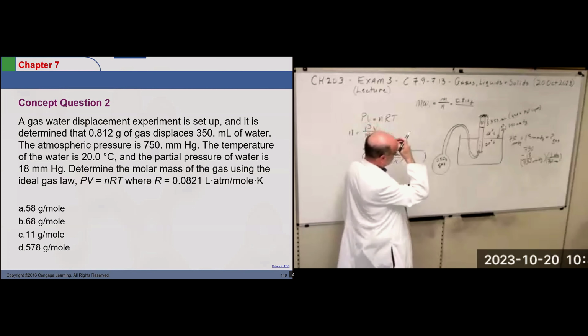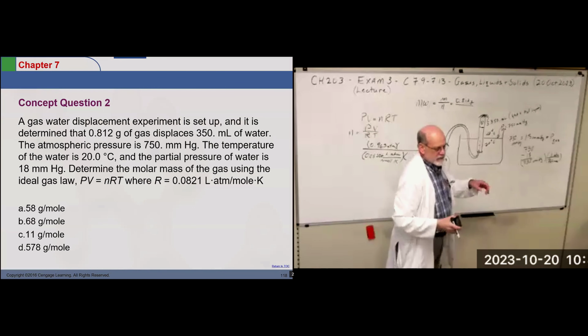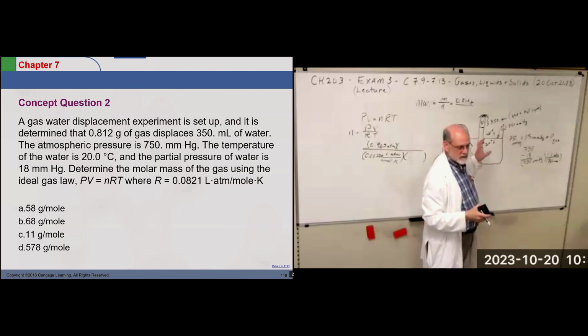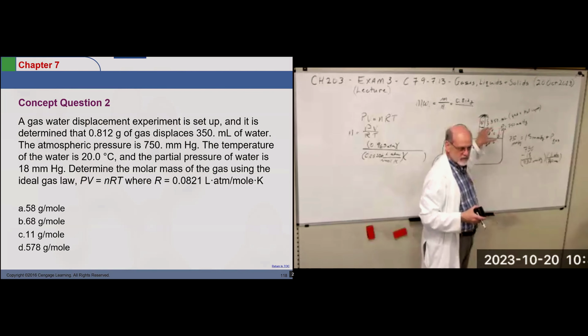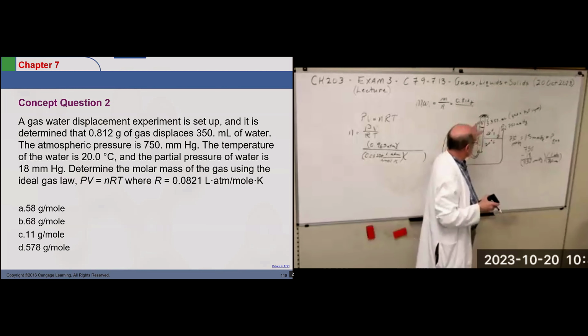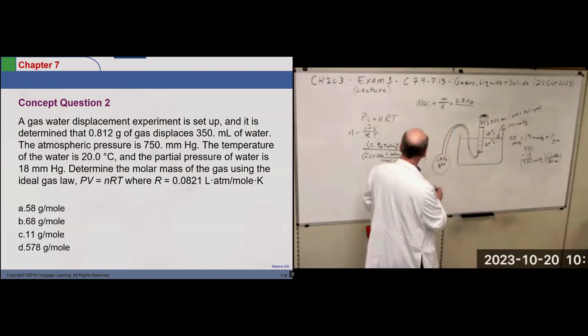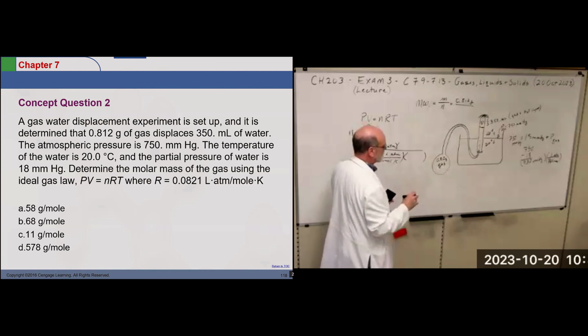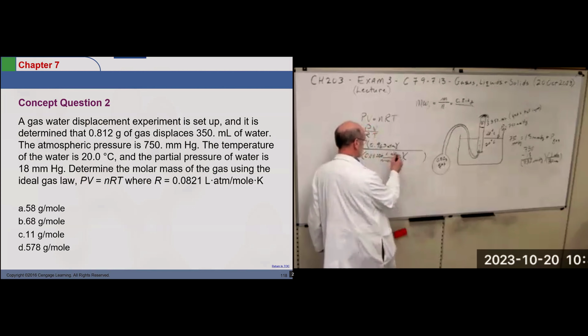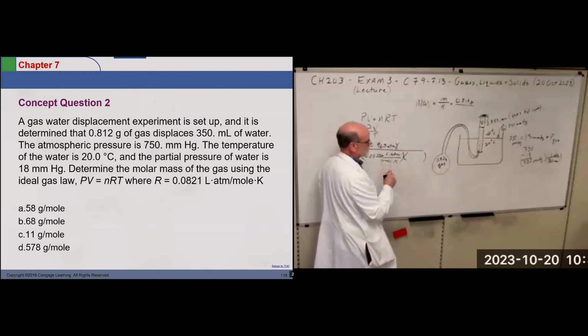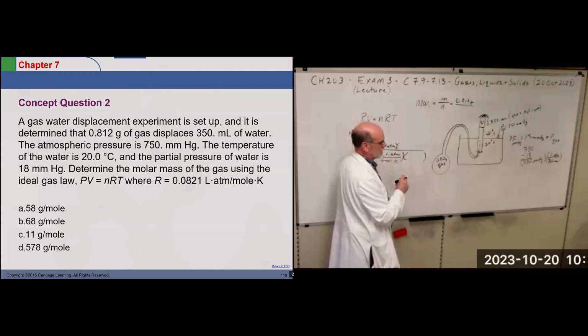And the volume. Well, if we decrease the pressure, then we can use the same volume. We don't have to let the volume shrink because now we know what the pressure is in that volume. So we can still use 350 milliliters. No, we can't. Because this right here is liters. So how many liters is 350 milliliters?